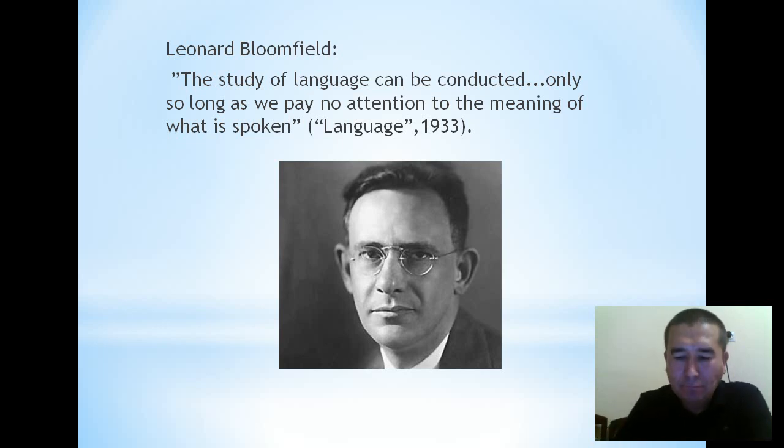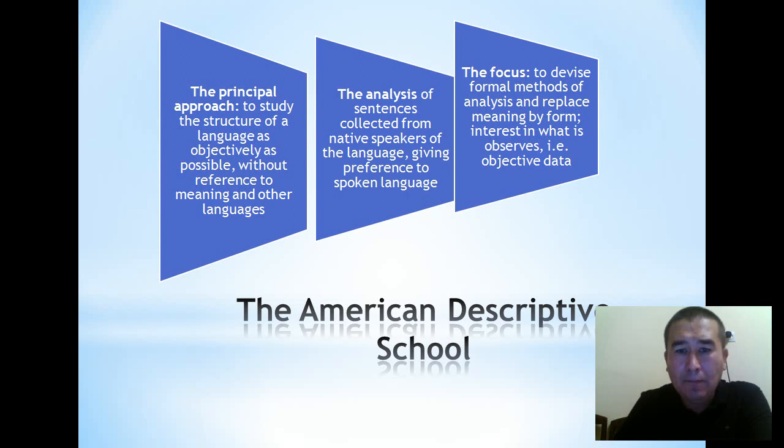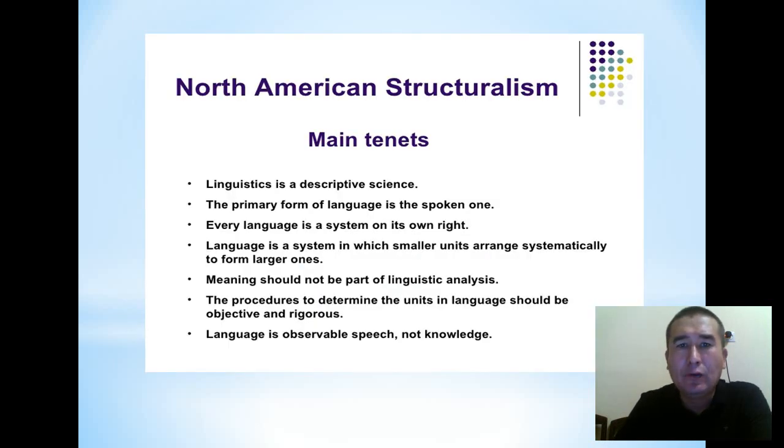So, the American descriptive school has a principal approach, analysis of sentences, and focus. North American structural main tenets: you can see their main notions here on your computer screens.